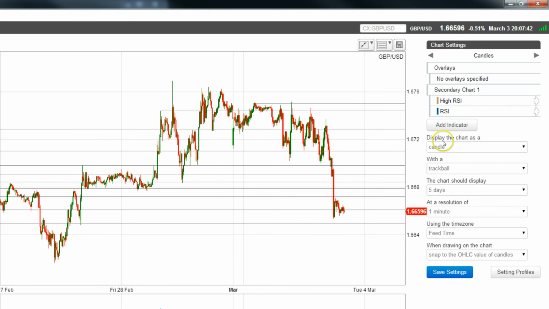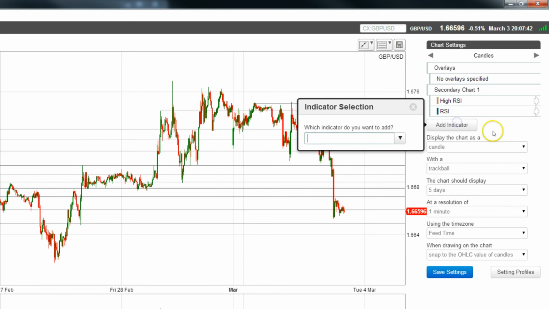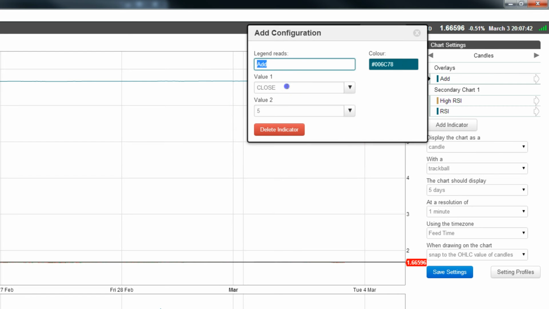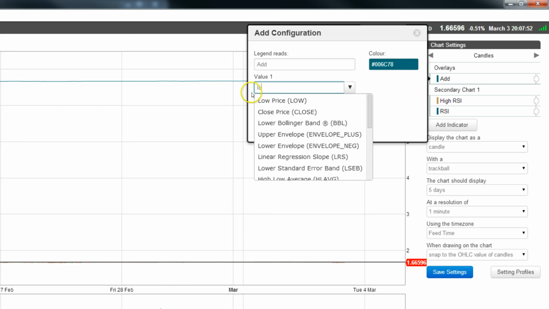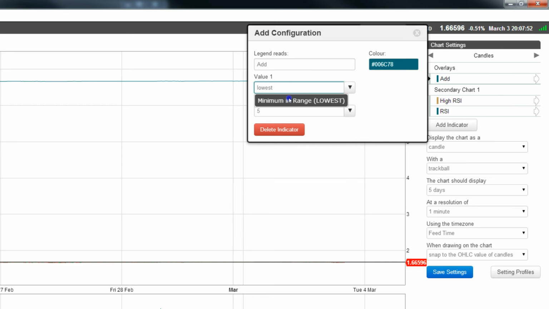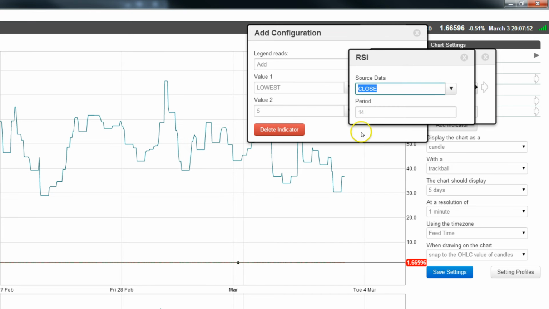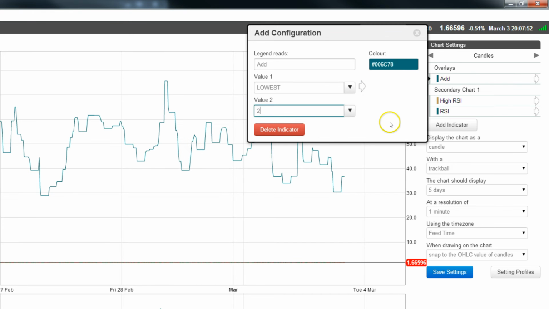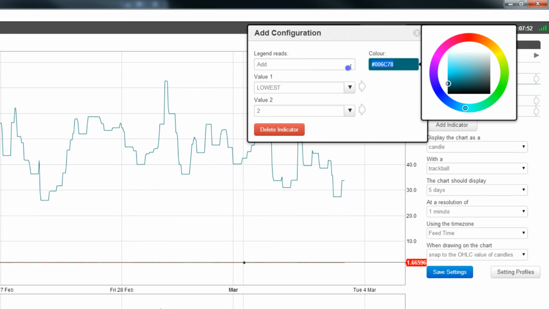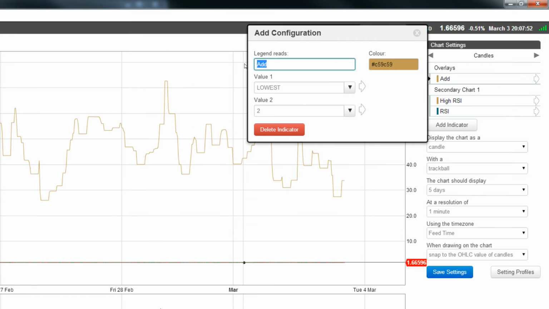Okay, I'll repeat the process now on the other side. This time I want the lowest RSI value. And we'll say 2 again and then change the color and we call this low RSI.